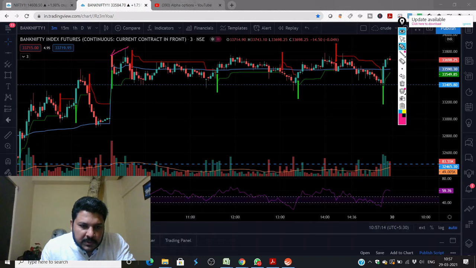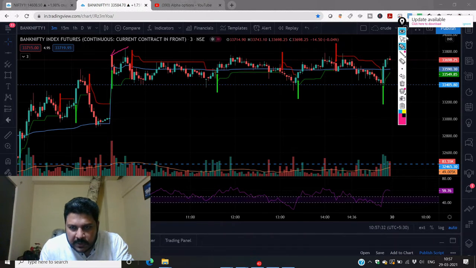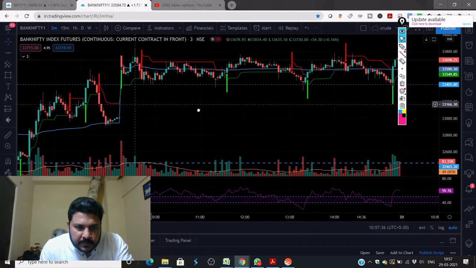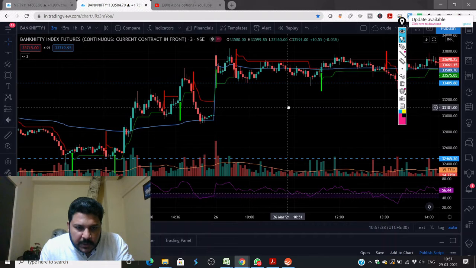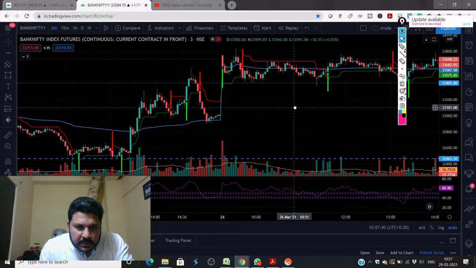But here, if you see, there is a divergence. The market went up, but RSI went down. So this was a shorting opportunity. Where do you see any other divergence? There is no divergence here. This was one example.